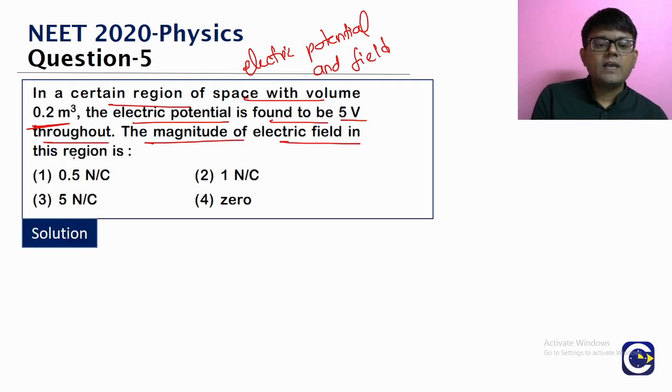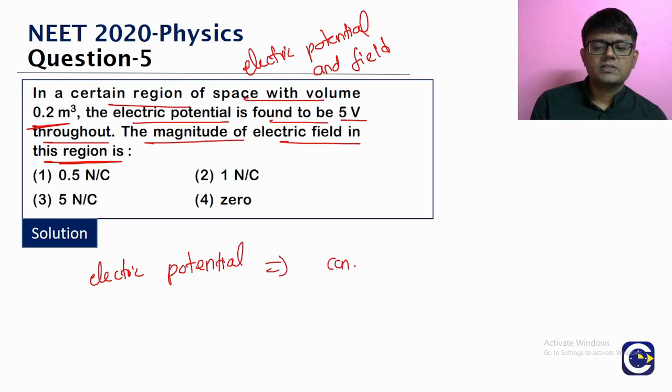The magnitude of electric field in this region is, see, we can just straight away answer this by giving an explanation, or we can do it mathematically also. Think about it. If the electric potential is the same everywhere, so throughout the electric potential is what? Constant.